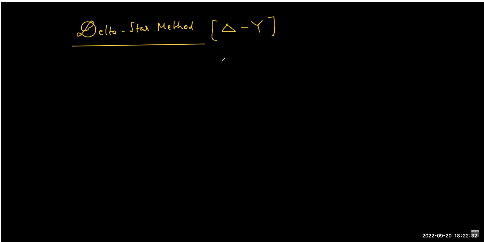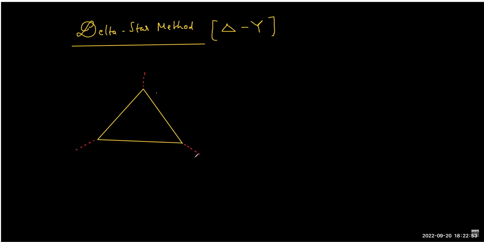So what is delta? Delta represents 3 branches of a circuit, and these 3 branches can be present anywhere in a larger circuit. We are not trying to show the exact circuit.